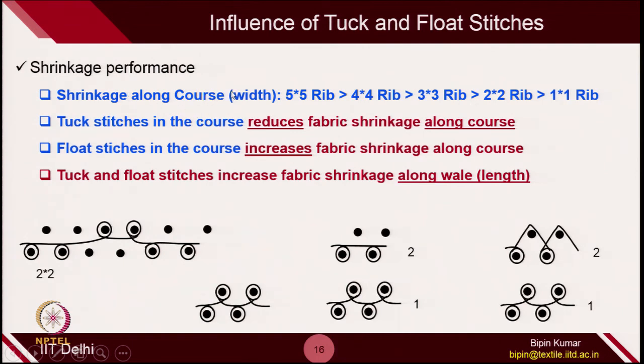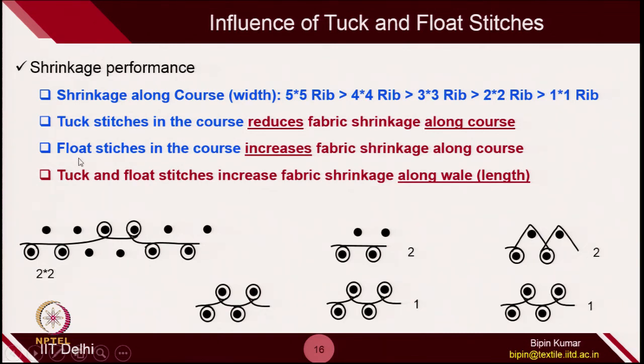So, shrinkage along course, you can observe that more and more technical front loops followed by technical back loops results in higher shrinkage of the fabric in course direction. If you have more tuck stitches in a course, it will reduce the fabric shrinkage and you can expect the fabric width to be more.